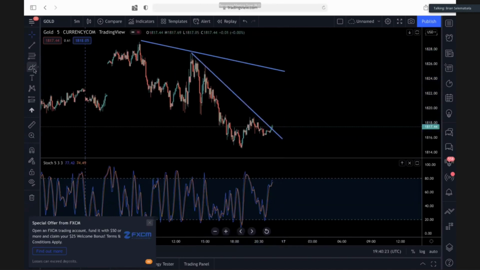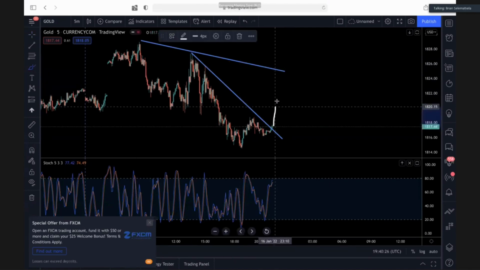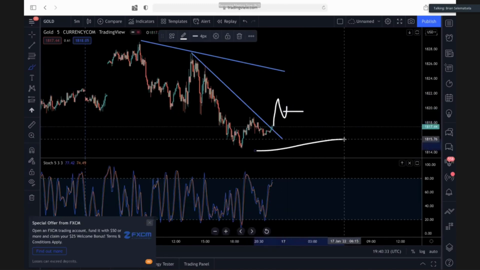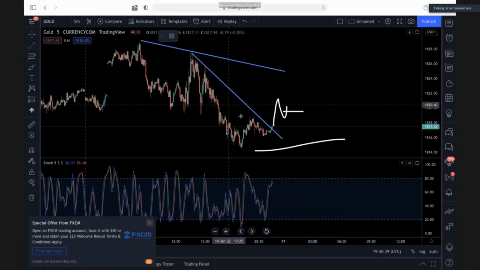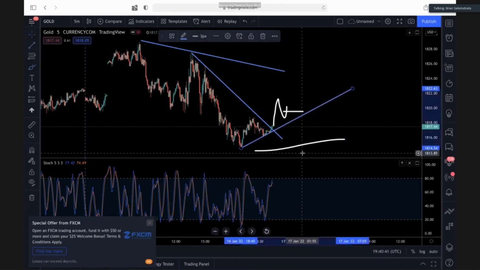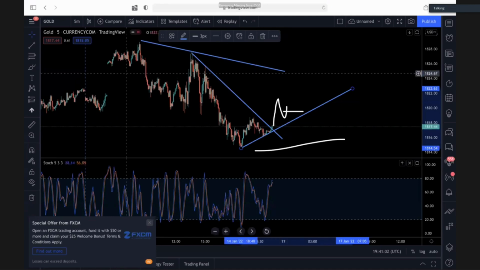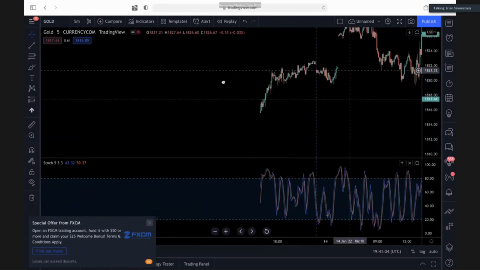So we wait for the pullback and a retest. When we enter a buy there, we put our stop loss at the end of there so that we can take this thing up. But if it goes up and the market decides to even break the footprint line of that particular setup, then we listen to the market and take that trade in the opposite direction. So that's what will happen on gold.